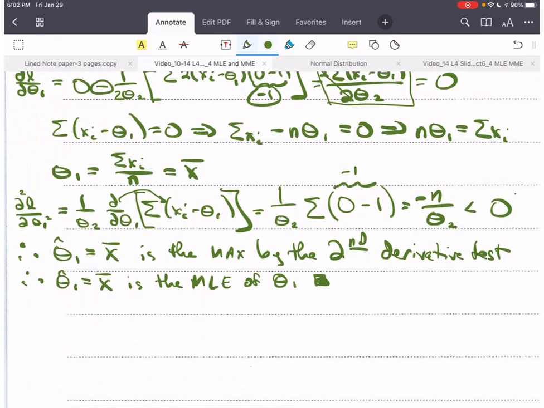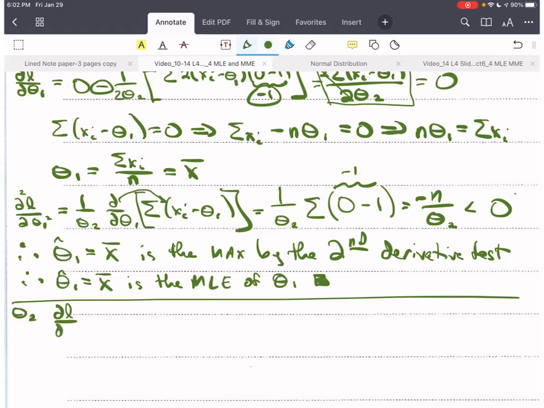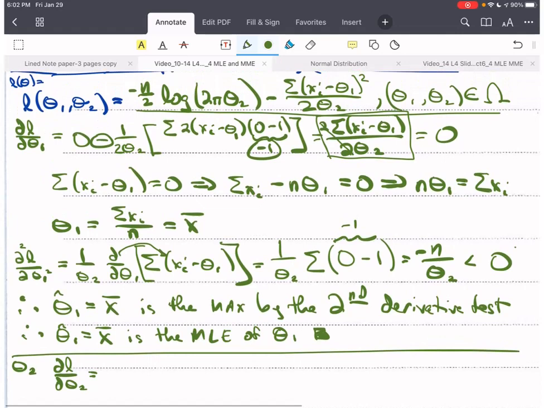Okay, now we do theta 2. So now I need dL d theta 2. I've got the first term now has a theta 2 in it. So I have negative n over 2, and then I take the derivative of the log, and that is going to be 1 over 2 pi theta 2, but I have to use the chain rule on what's inside the function.